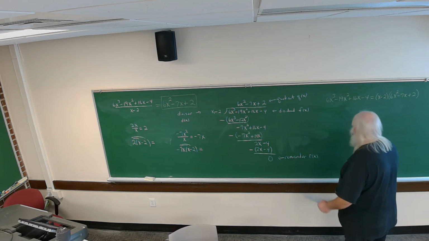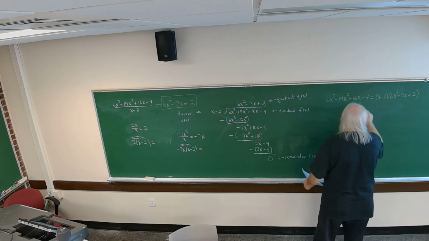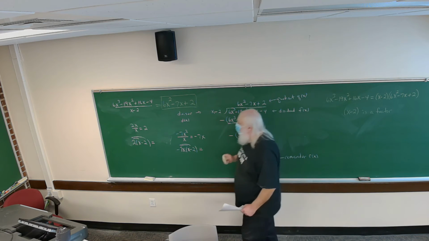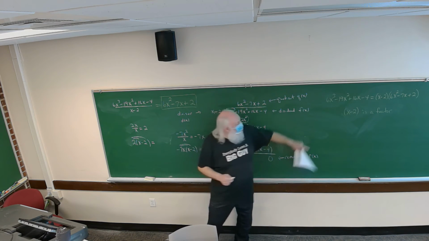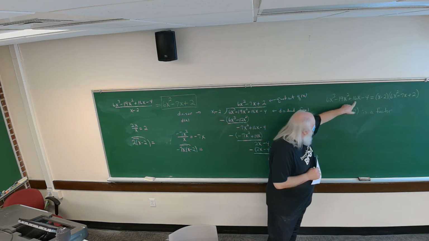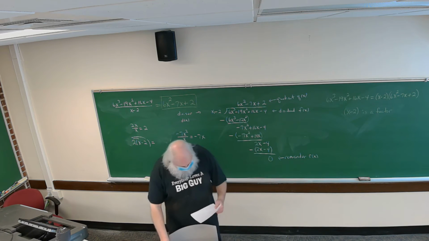Since there's no remainder, we've shown that x minus 2 is a factor of 6x cubed minus 19x squared plus 16x minus 4.